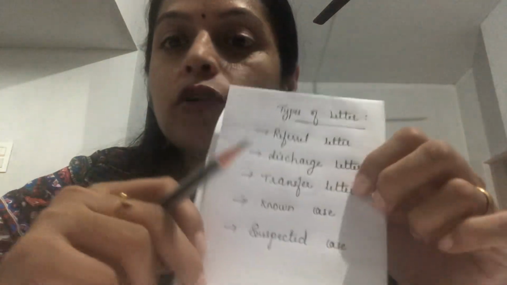For a non-case, how you need to write the purpose: I am writing to update you about the current health status of Mr. Robert D'Souza, who is recovering from dementia.